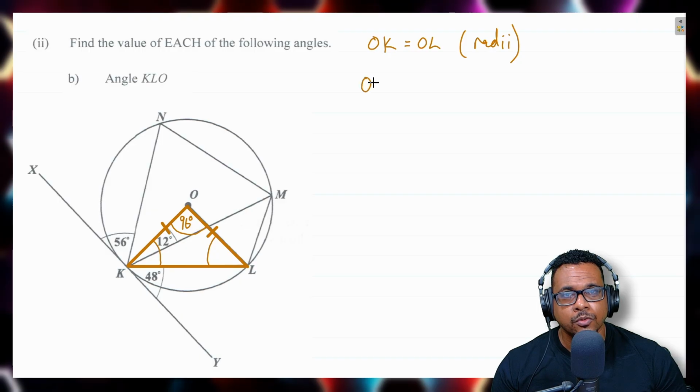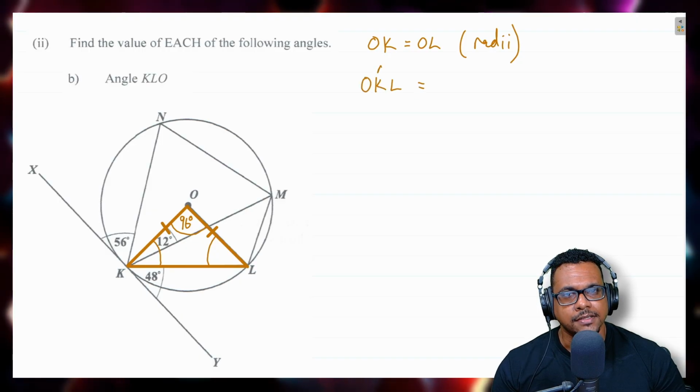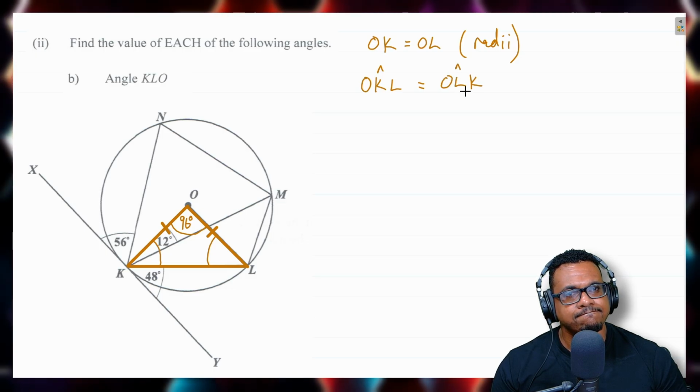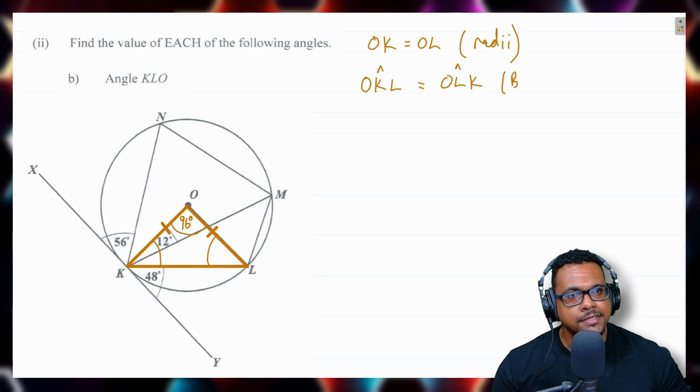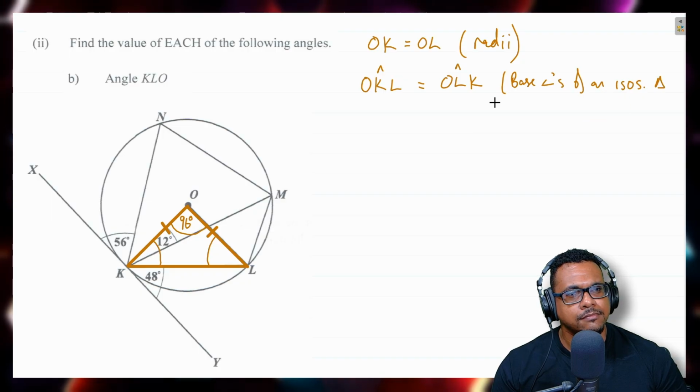So angle OKL is equal to angle OLK. And my reason: base angles of an isosceles triangle are equal.